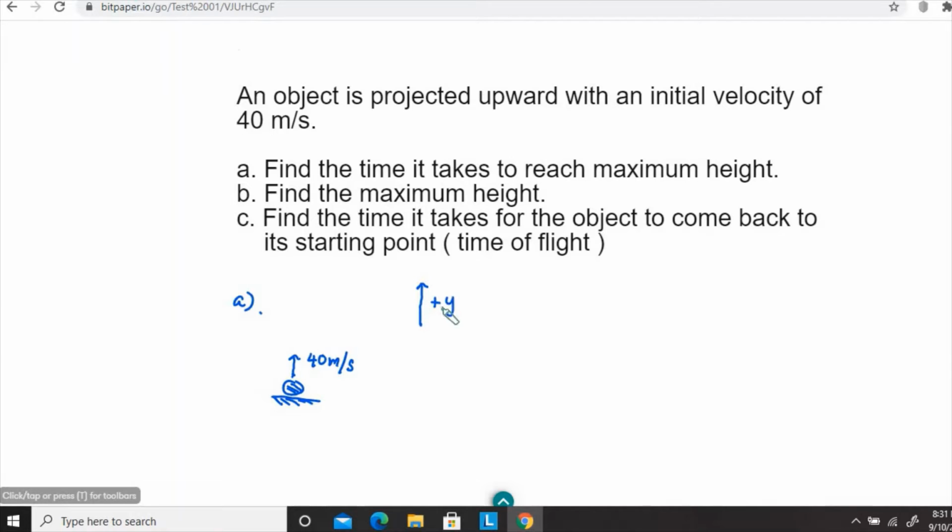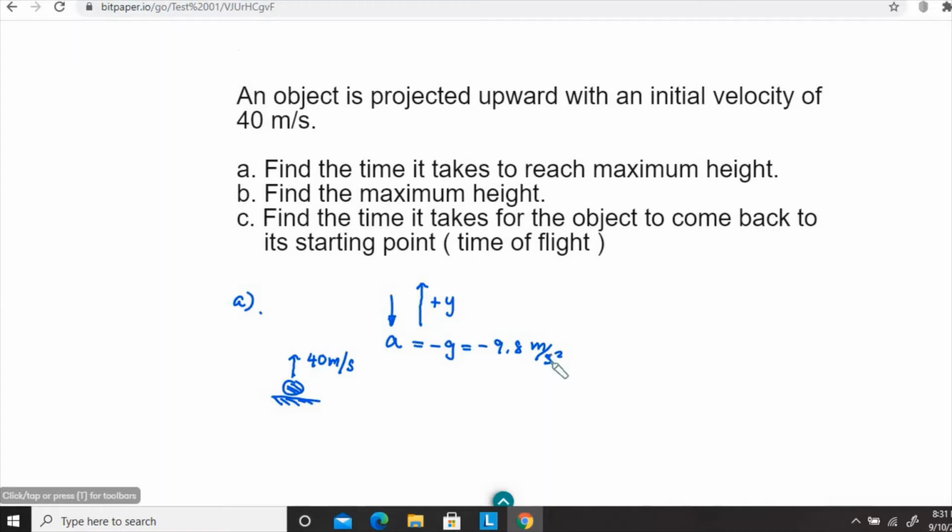So anything in the upward direction, that's considered positive. The acceleration due to gravity is pointing downward, and it has a magnitude of minus g, and sometimes that's given as 9.8 meters per second squared.